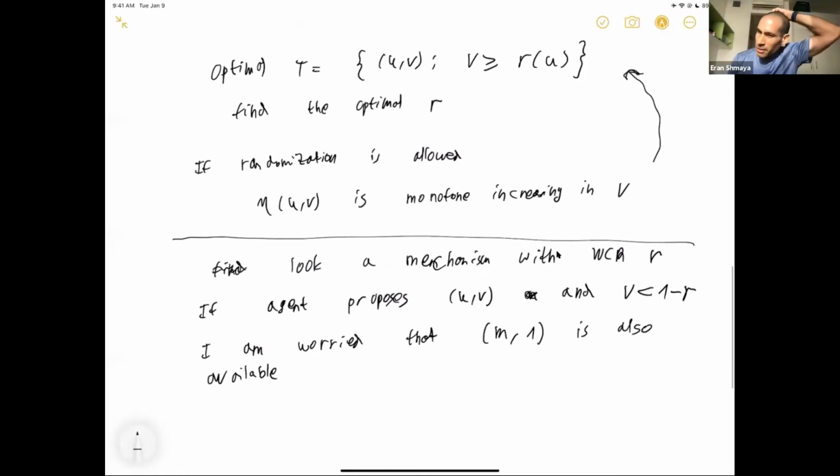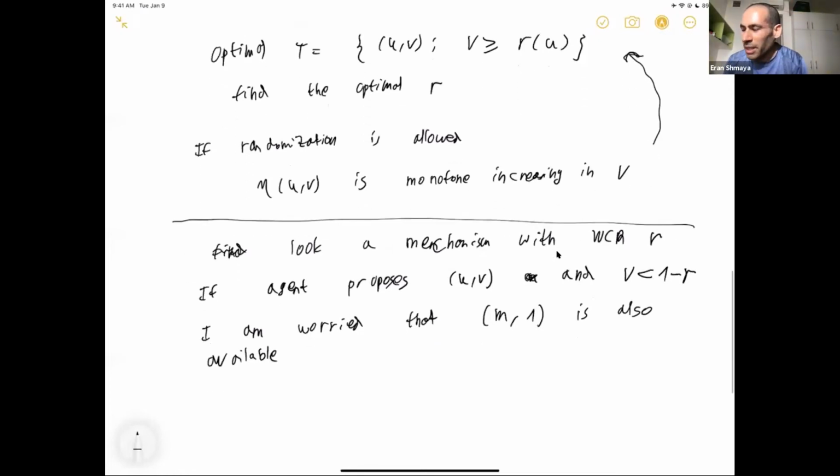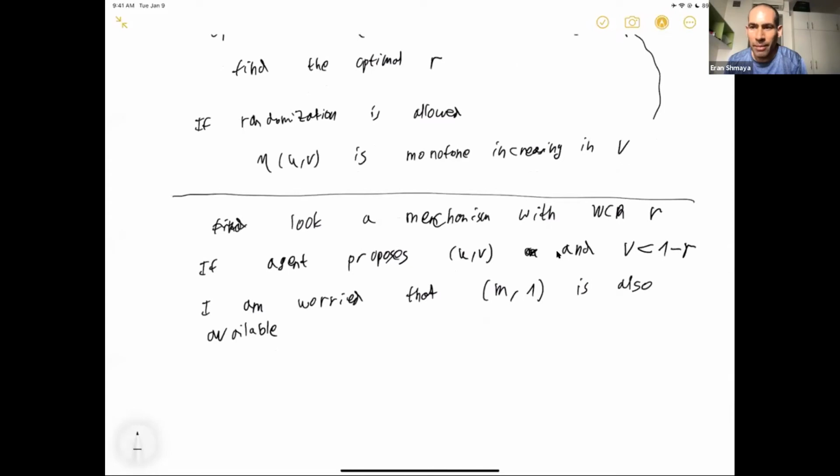It means that I could have gotten one, and the agent maybe is hiding this. And if this exists, then my regret would be higher than R, because the agent here offered me a project with V smaller than 1 minus R. I must make sure that the agent would not pick this.